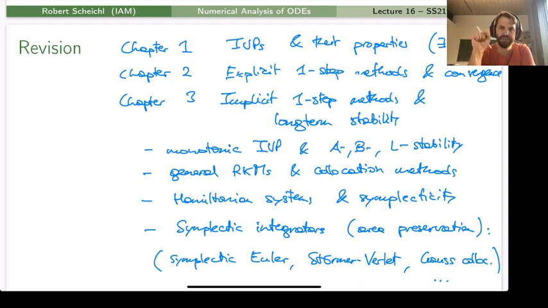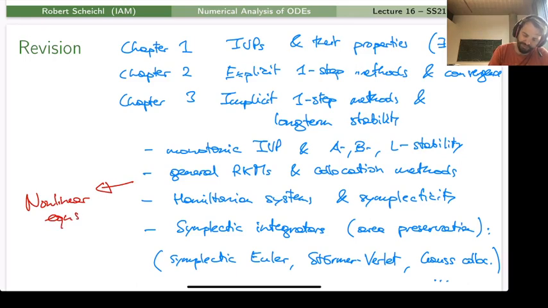Or in more general settings, when there are more stages, the stages in the calculation of y_{n+1} depend on each other, and therefore we need to solve nonlinear problems. So the important message to take away is that these systems lead to nonlinear equations in each time step.